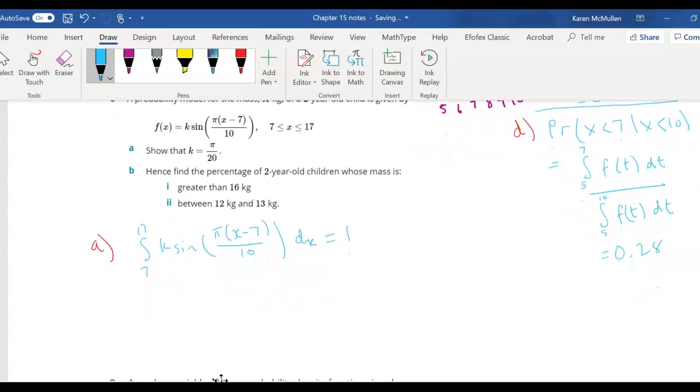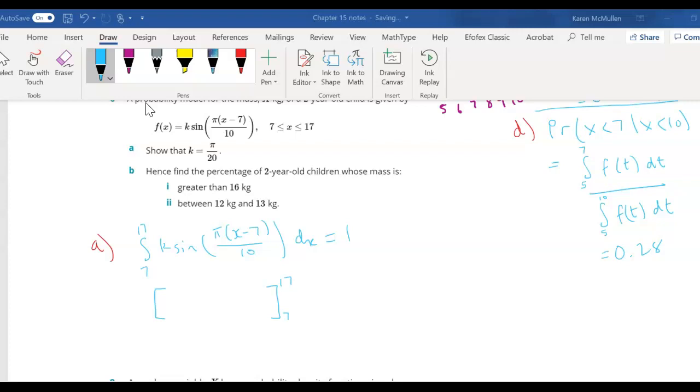So we can't go ahead and do this on our calculator. We do have to do the majority of it by hand. So let's go ahead and do the antiderivative. So we're going from 7 to 17. All right, so the antiderivative of this, because it's sine, is going to be negative cos, and then we just take this coefficient here.